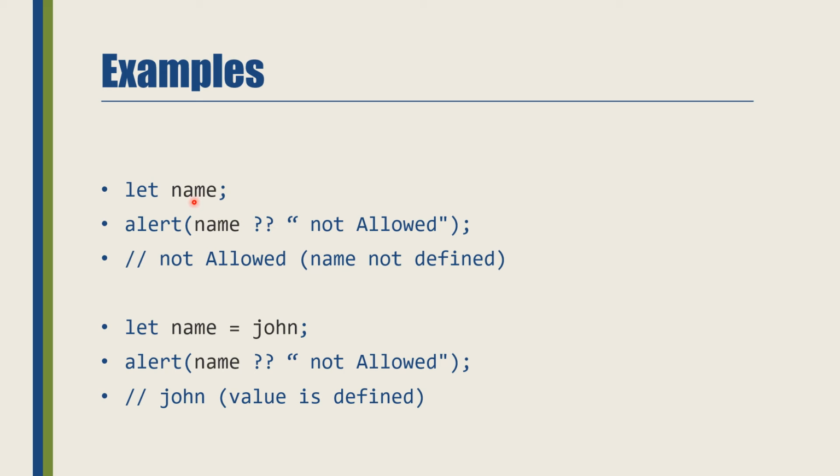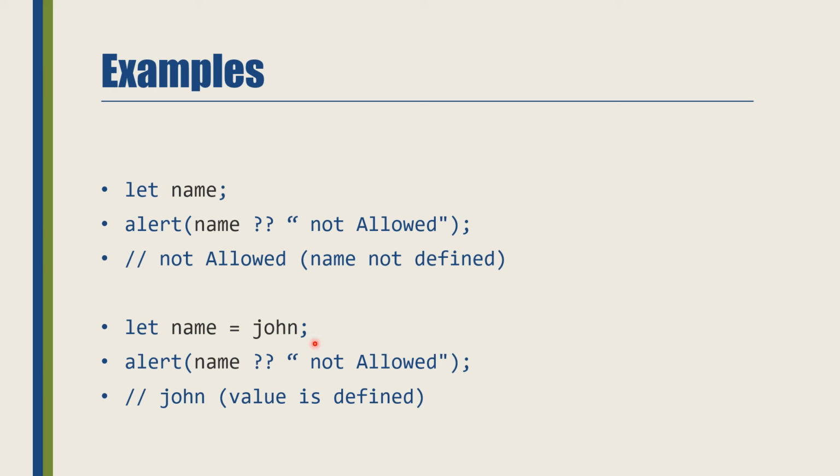In this particular case, the value of name is not defined, so of course the output will be "not allowed". The variable is only declared, but we have no value defined for name. So in this case, the value will be "not allowed".